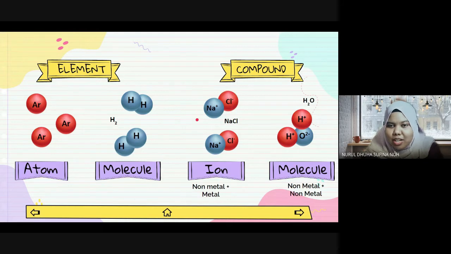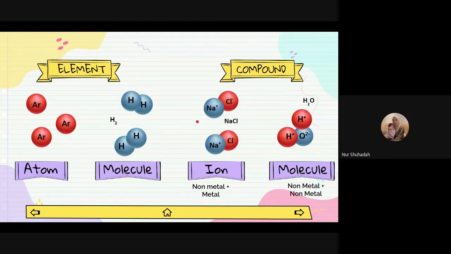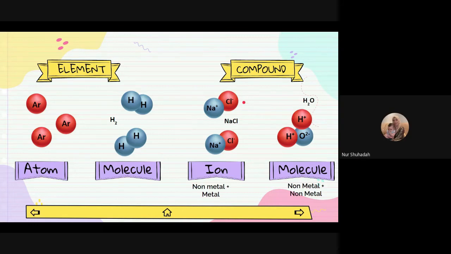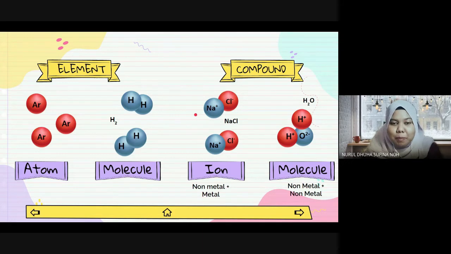Are you here? Yes, teacher. Okay. From this picture, can you tell me which one is metal? Sodium. Okay, sodium is the metal. So the combination of non-metal with metal will produce ion compound, which is sodium chloride.